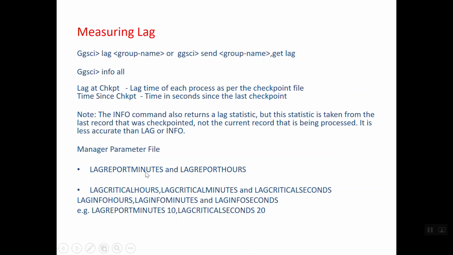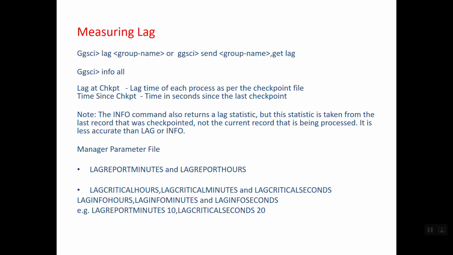If I say lag report minutes 10, then every 10 minutes it will send the actual lag of each process into the ggserr.log file, so that if I'm monitoring the ggserr.log file, I can see the lag there.